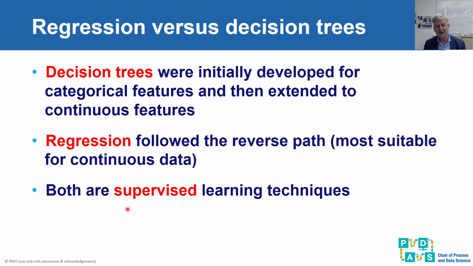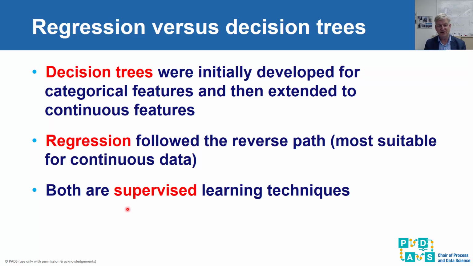So we are following the opposite path of the path that we followed for decision trees. When I explained decision trees, we started with categorical features, and then I showed you how it could be extended and refined towards continuous features. Here we will do exactly the opposite.